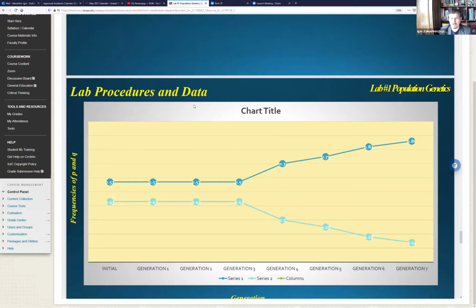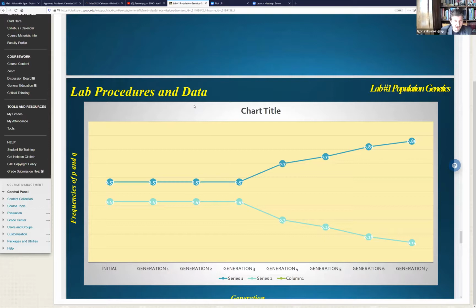If you're not really sure how to do it in Excel or how to create the graph in Word, which is a really good skill overall, you can print screen that particular picture and put it in your document.